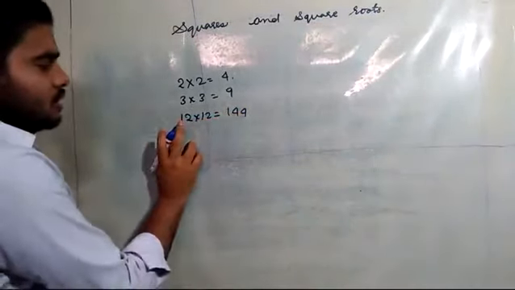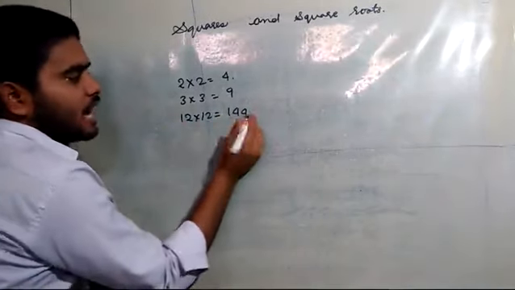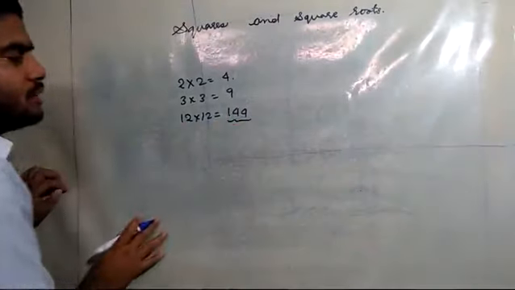So, the number which, when multiplied by itself, gives a result, that result is called the square of that number.